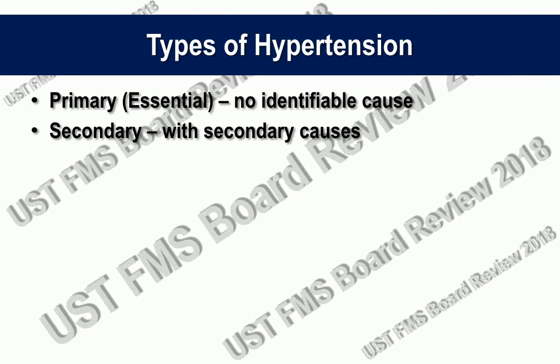Let's go now to the different types of hypertension, and they're classified actually based on etiology into primary or essential hypertension, in which there is no identifiable cause, and secondary hypertension, wherein you do have secondary causes of the hypertension.